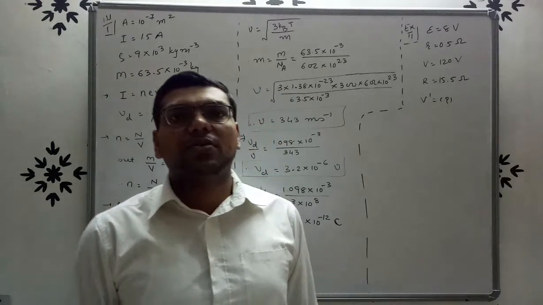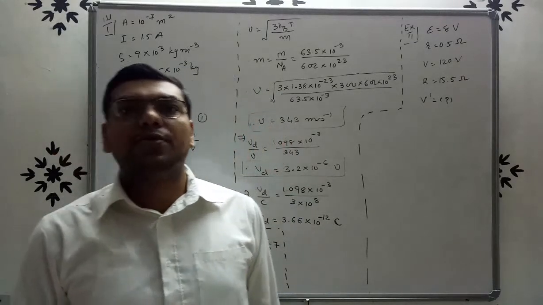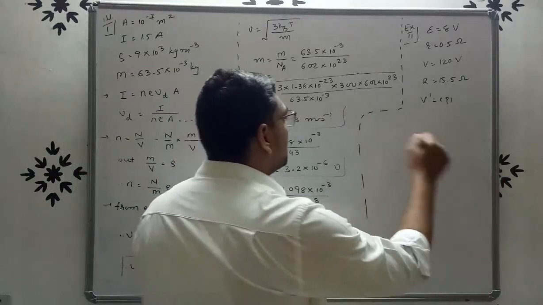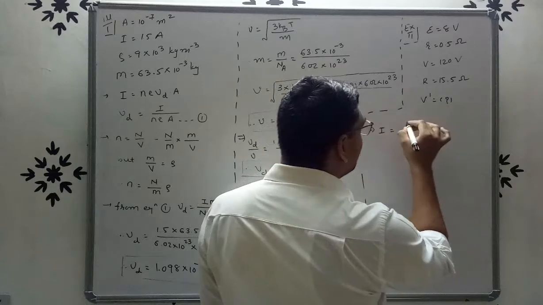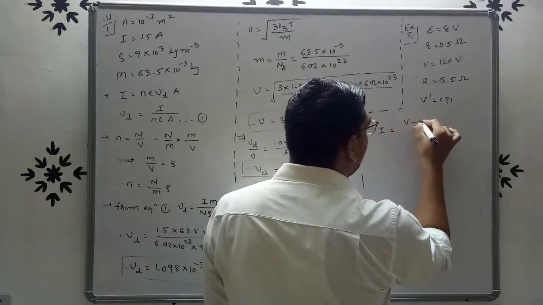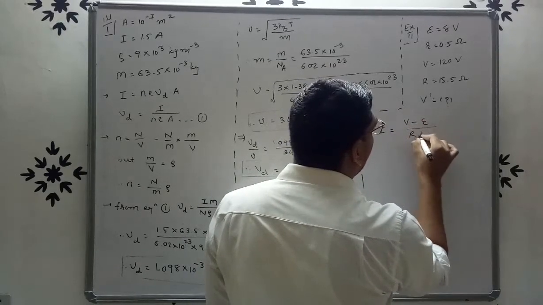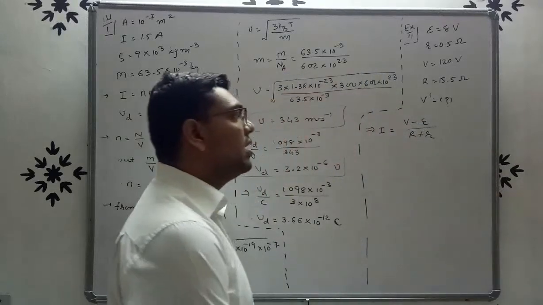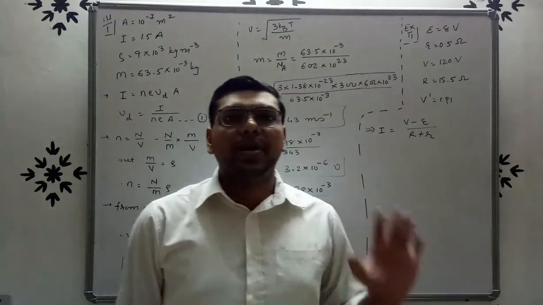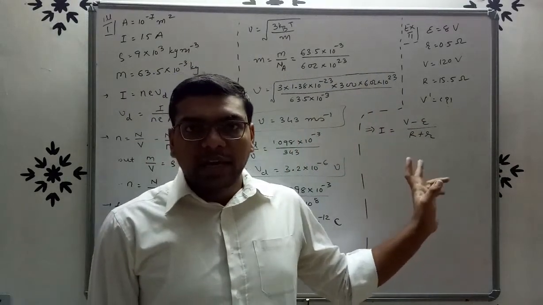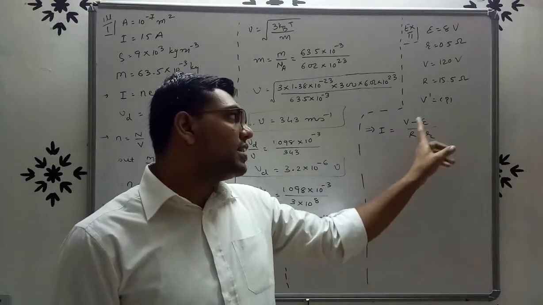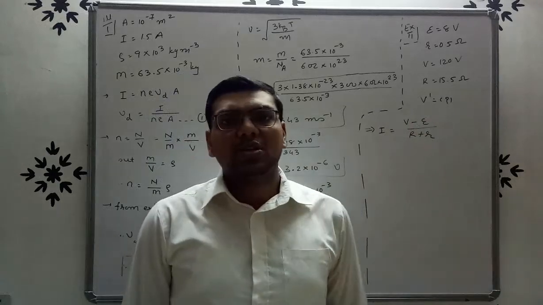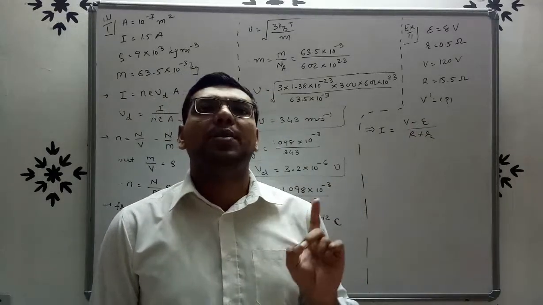So first of all, to find out the terminal voltage we have to find out the current, right? So the formula of current during charging is I is equal to V minus E upon capital R plus small r. Friends, you have to remember this formula, right? During the process of charging, current will be V minus E upon capital R plus small r. You have to remember this.